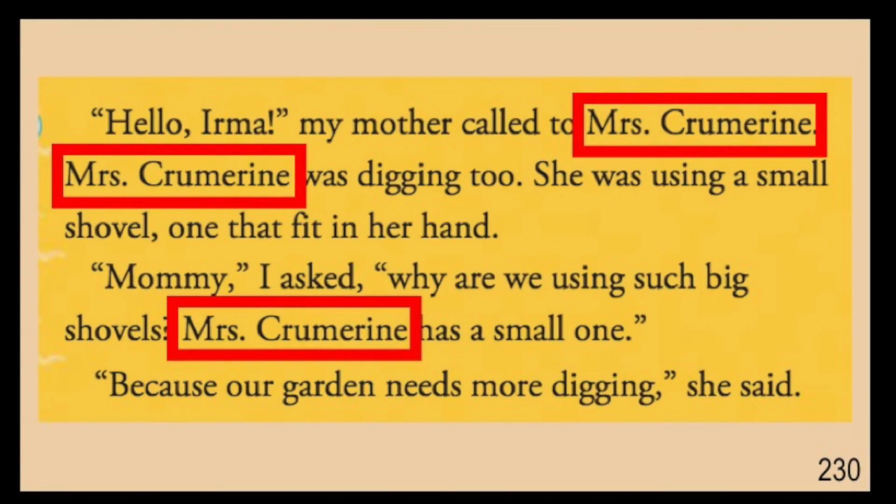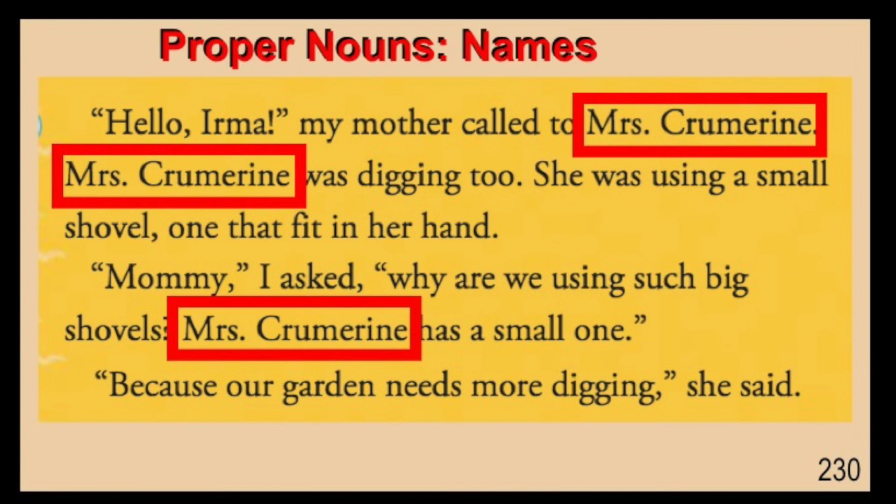Before we continue, I just would like to point out some proper nouns, more specifically, names. Very often when we are reading, we can encounter a name that we've never seen before. We shouldn't let this discourage us. We can keep reading as long as we know it's a name and we can recognize it as a character.